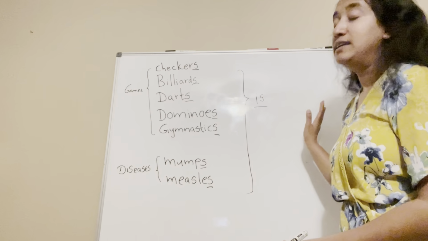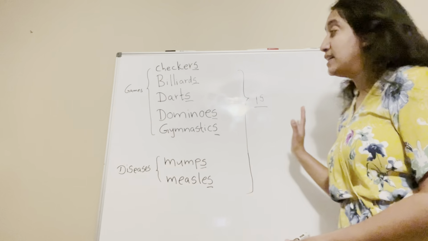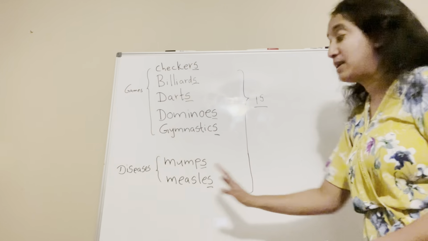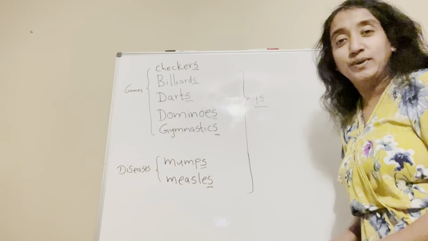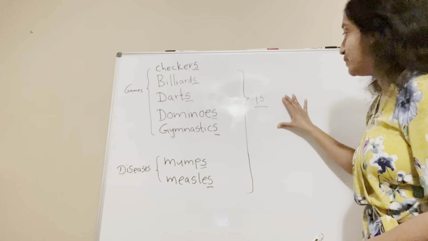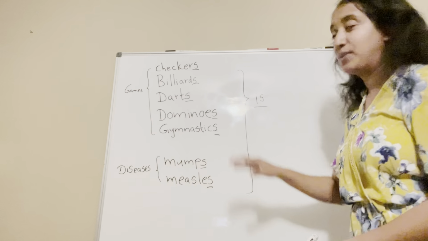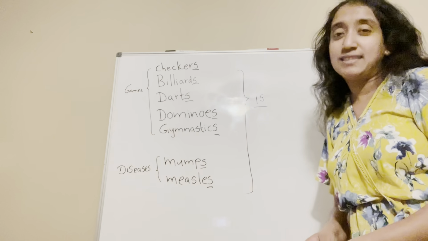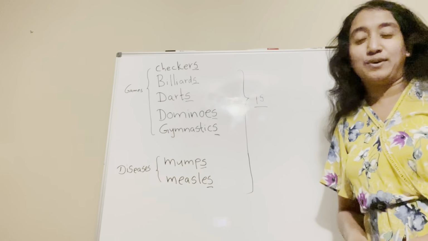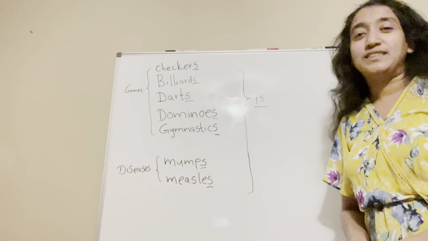For example, names of some subjects, games, and some diseases all fall into the singular word category, and they follow the verb is. Okay, so this is another tricky part of singular and plural nouns. Let's move on to the other section.